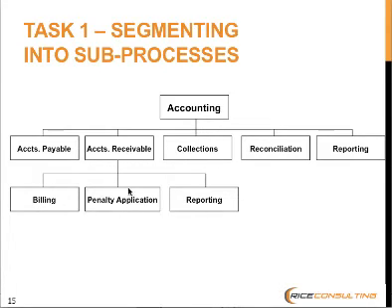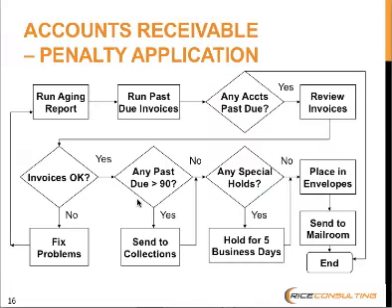So let's say we want to focus on the penalty application to test that. Well, we draw a little flow chart. And by the way, you can draw any kind of chart you like. It doesn't have to be a flow chart. It can be a decision tree or whatever. And we come up with this basic flow chart.